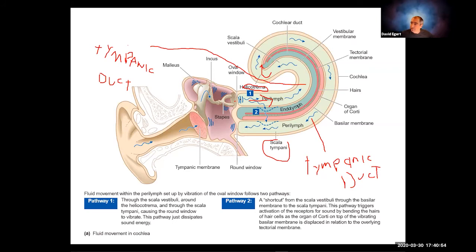But basically the vibration that's an air vibration becomes a fluid vibration. Let me kind of go back here.